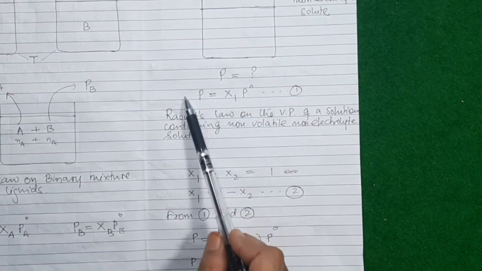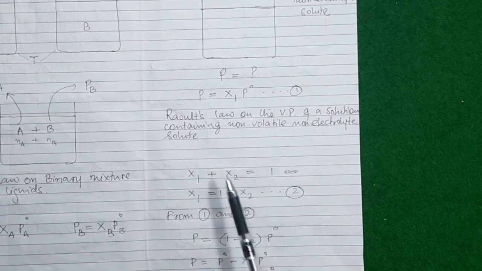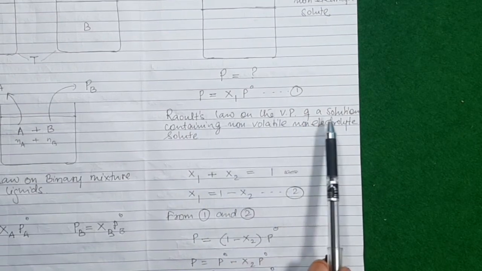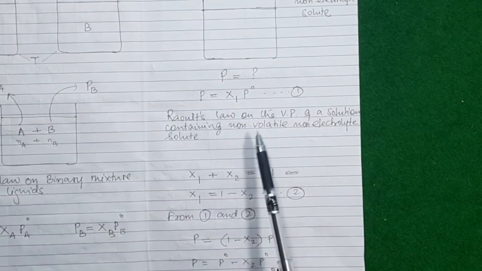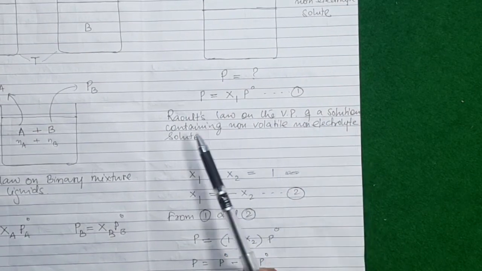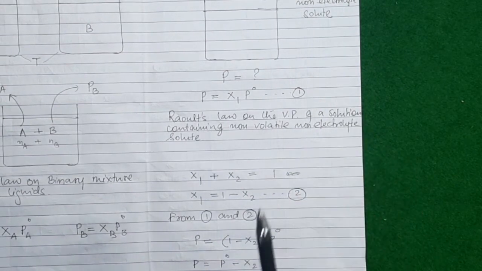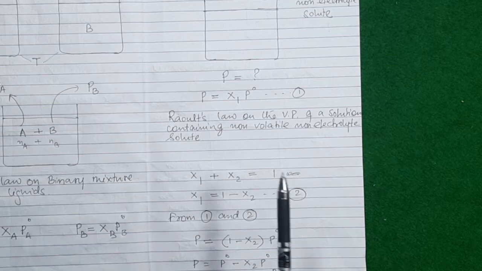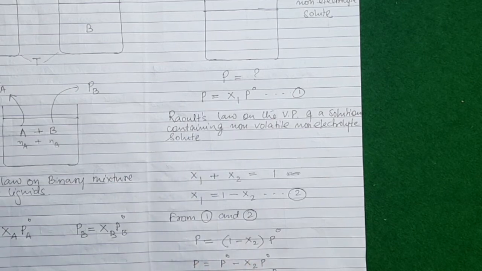Now this fact, whatever we have got from here by extending Raoult's law, is a new Raoult's law. We can state it as Raoult's law on the vapor pressure of a solution containing a non-volatile, non-electrolyte solute.